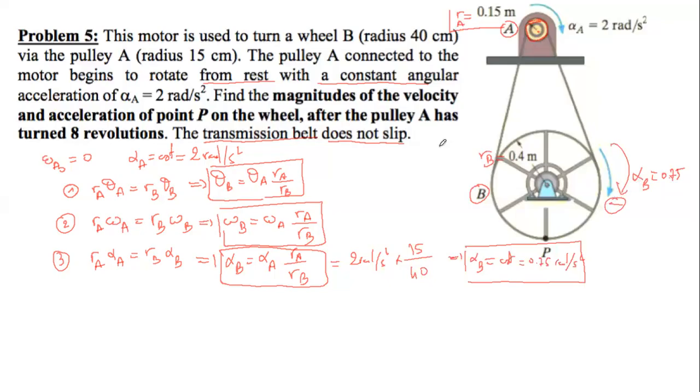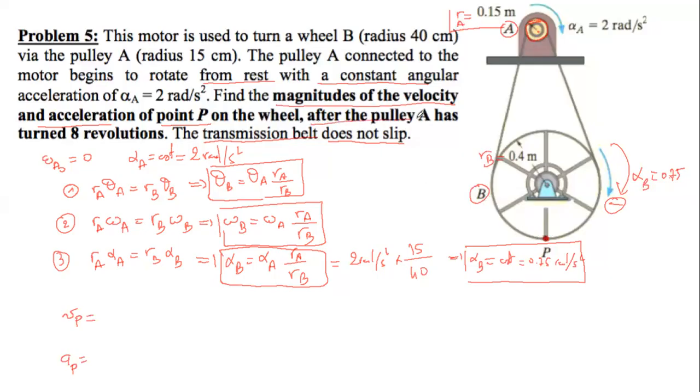Okay, good. Now let's read the question. I want to find the magnitude of the velocity and the magnitude of the acceleration of point P of the wheel. But I want to know them when?